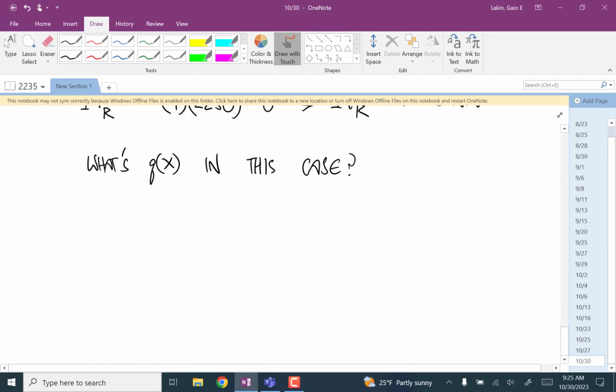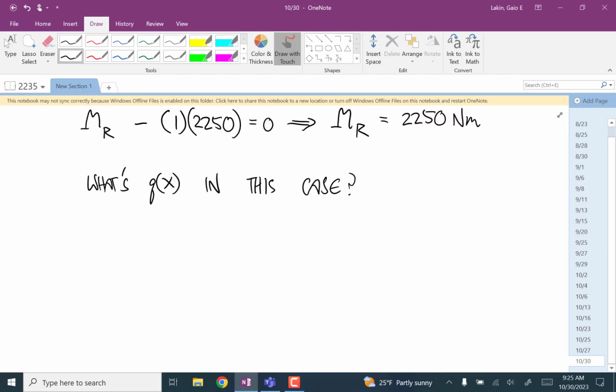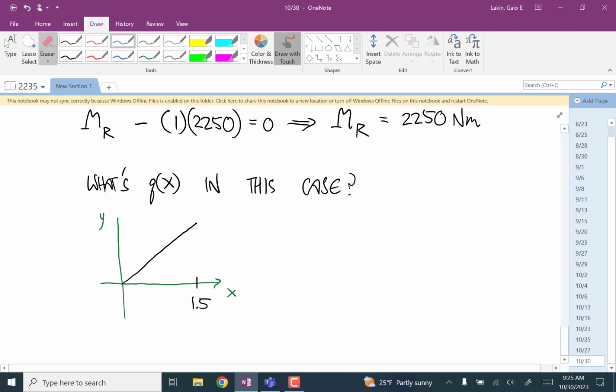Okay, so if you think of your coordinate system like this, when you get out to a value of 1.5, you have to be at a height of 3,000.